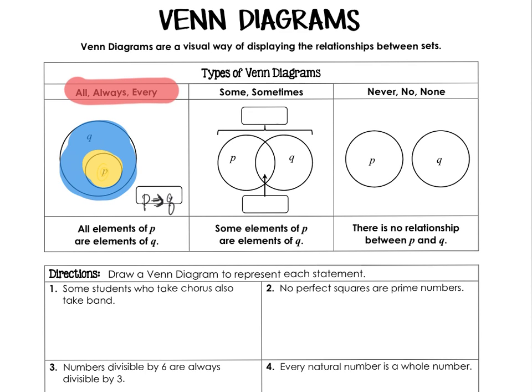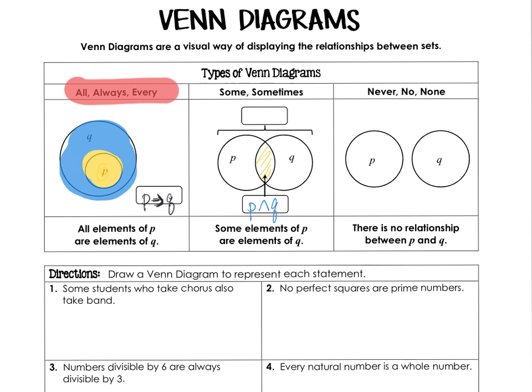Now, what if some elements in P are also in Q, but there are some elements in Q that are not in P? So that's the second diagram. On the left is P, on the right is Q, and where they overlap is P or Q, right?